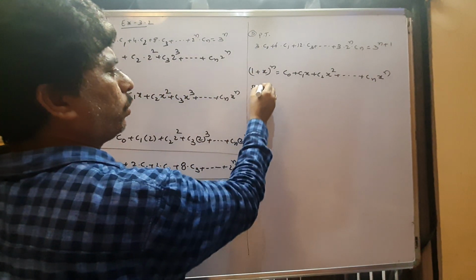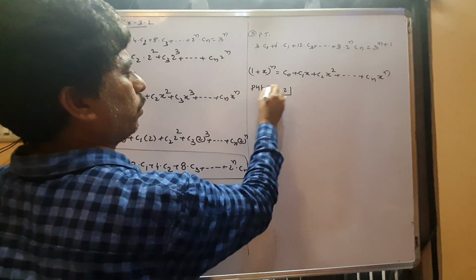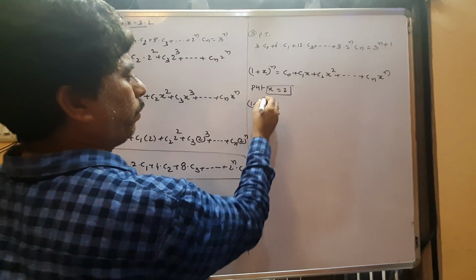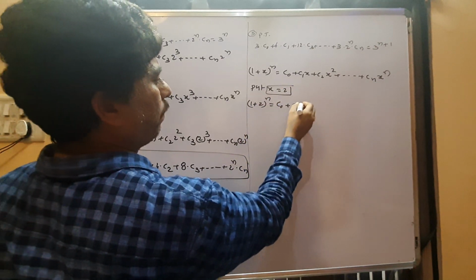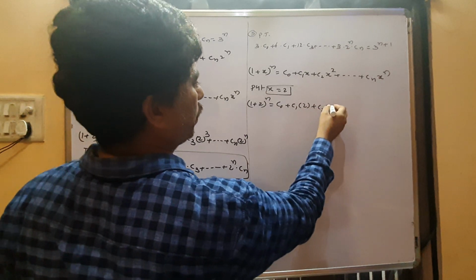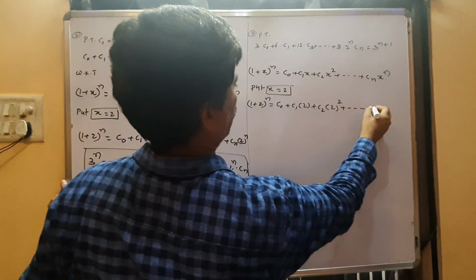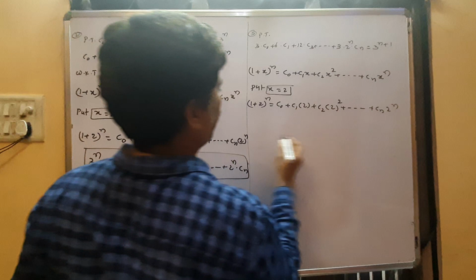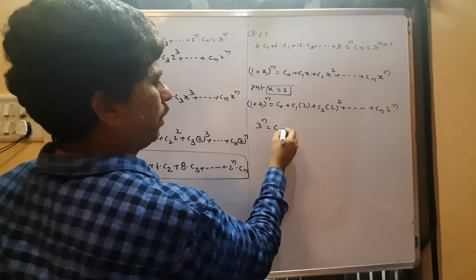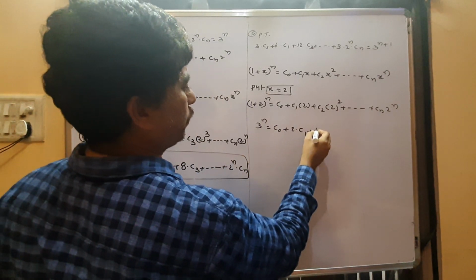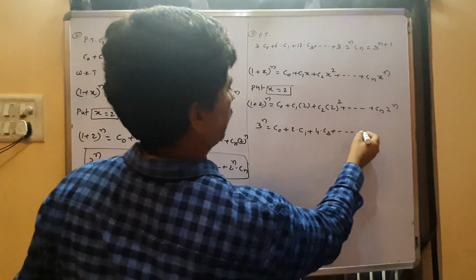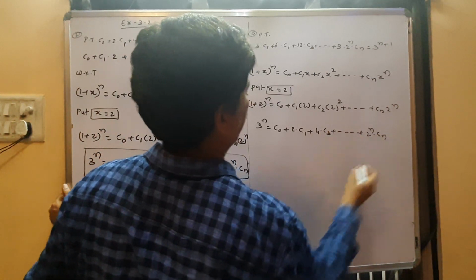Put x equal to 2. We get (1+2)^n equal to C0 + C1 into 2 + C2 into 2 square plus and so on, Cn into 2 power n. That is 3 power n equal to C0 + 2C1 + 4C2 + and so on, 2 power n into Cn.